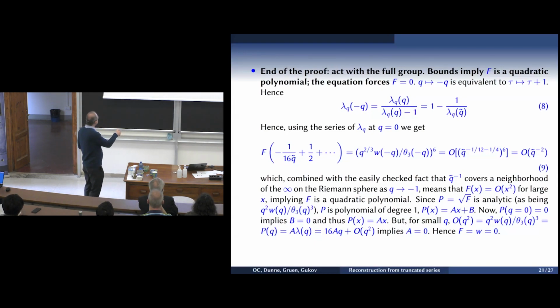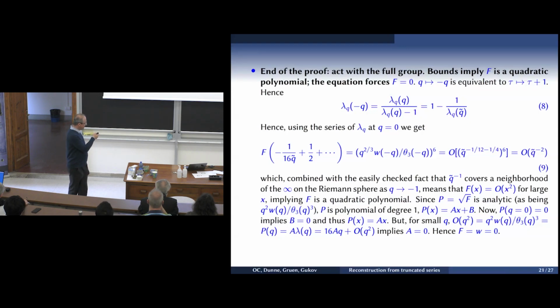And it's easy to see that this combination covers a neighborhood of the North Pole on the Riemann sphere. So I have a grip on all the values of F if I have an overall bound for F, which I do from the bound that I had on omega.